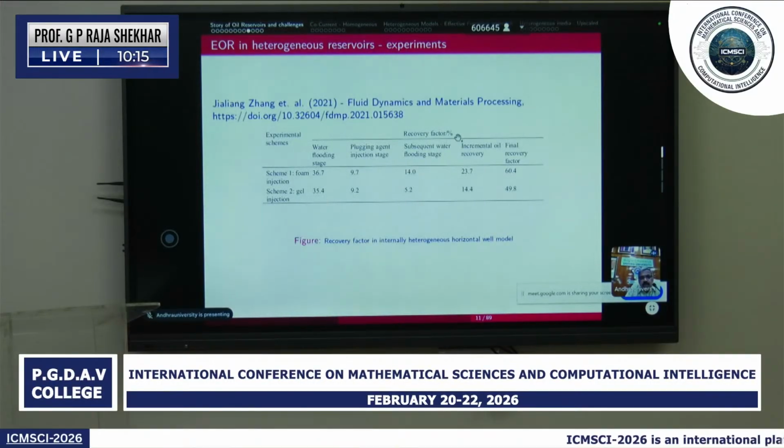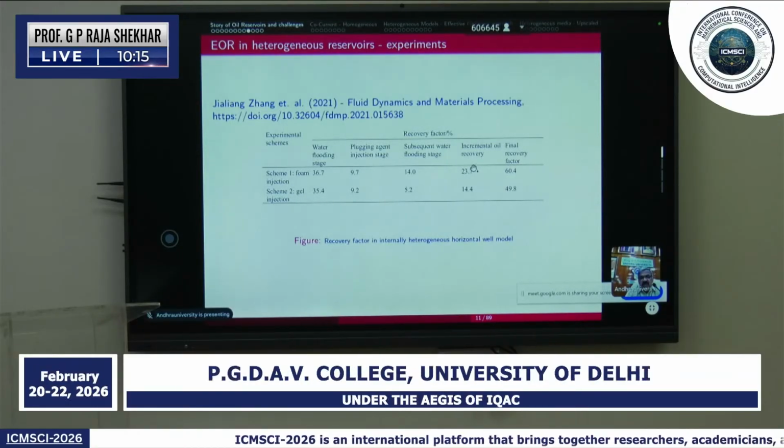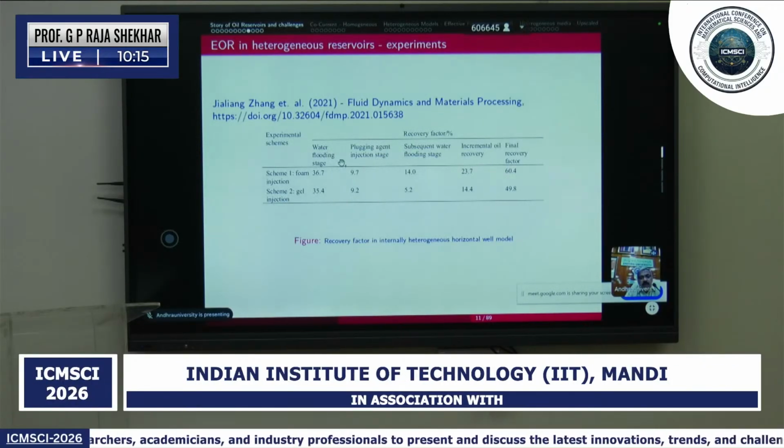Then how much oil is recovered in the foam case and the gel injection case? After the first injection is done with the foam and gel, then water flooding is also given.